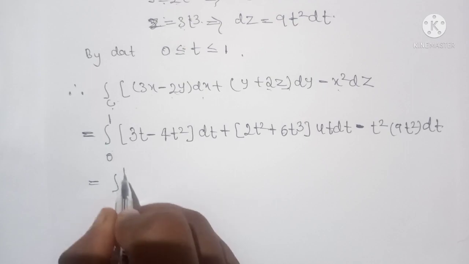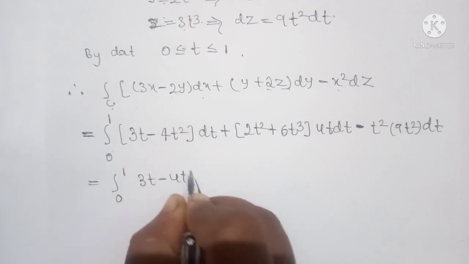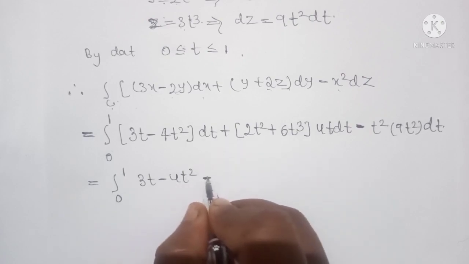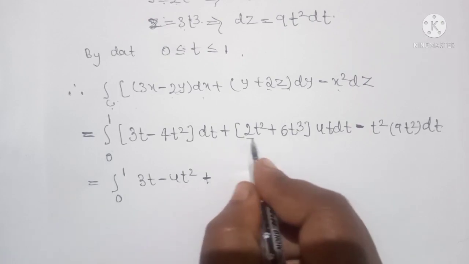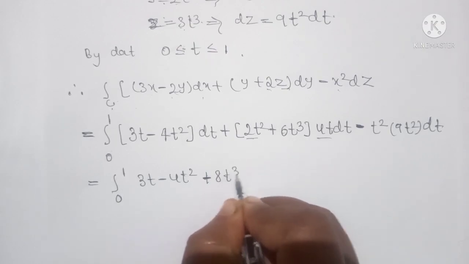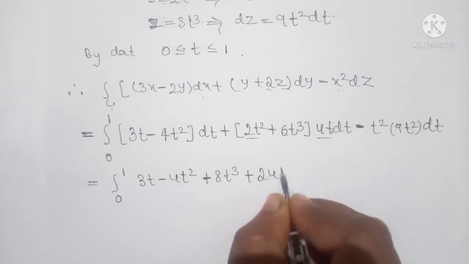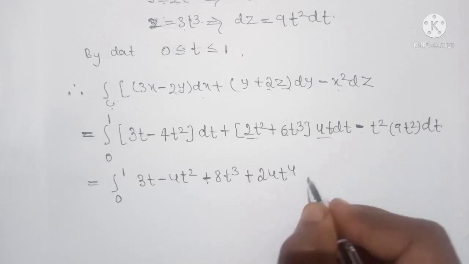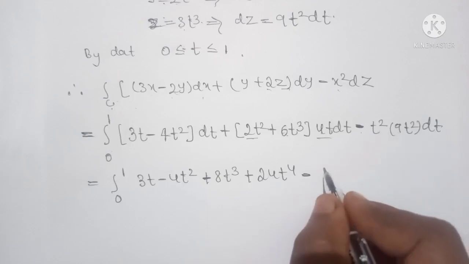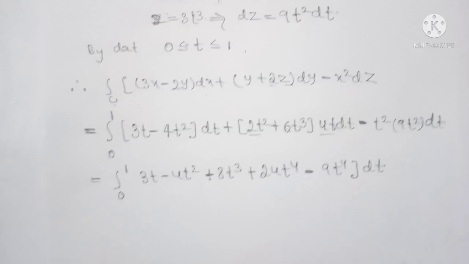So the integral from 0 to 1, simplifying this one, we get 3t minus 4t square plus, multiplying this term with this 4t, we get 2 into 4, 8t cube, plus 6 into 4 equals 24t power 4, minus 9t power 4, into dt.